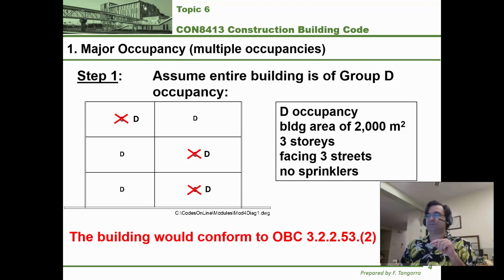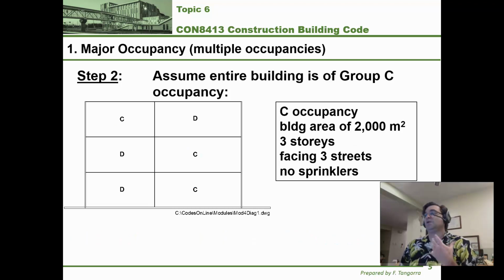Now, that doesn't take into account all the occupancies that were C occupancies. So we repeat the whole process, and now everything that was a D occupancy gets changed to a C occupancy, so that the whole building is now a C occupancy and is analyzed as such using what we learned in topic 5.